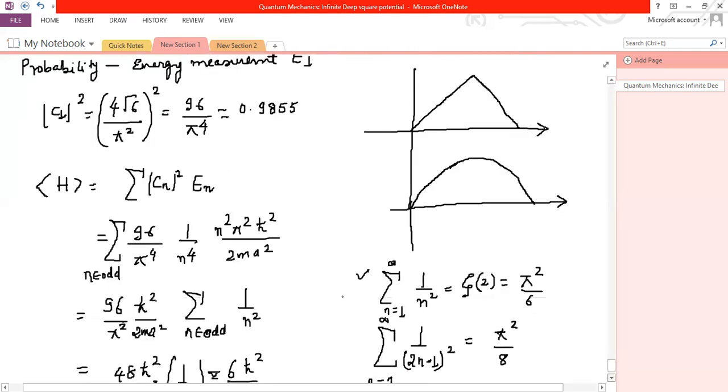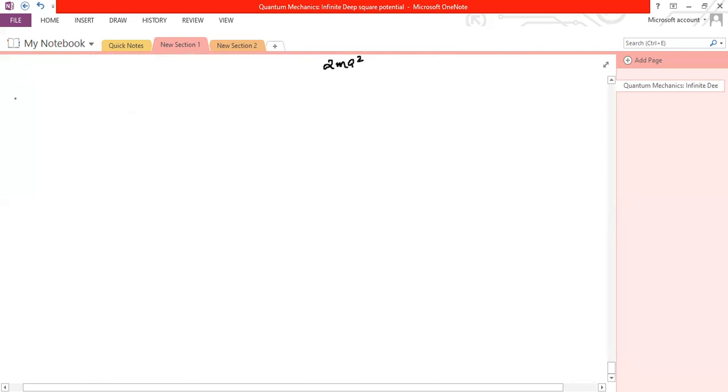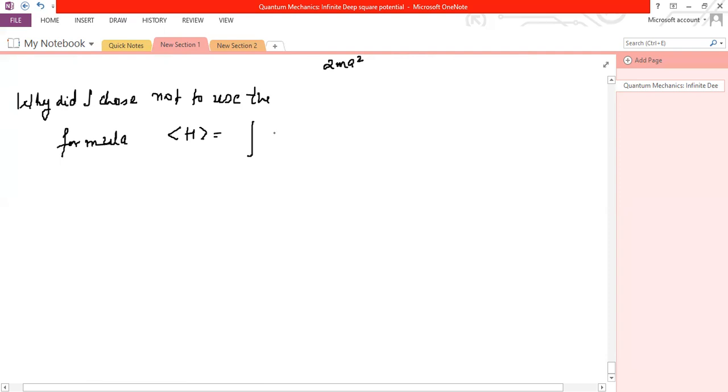Now, if somebody asks me why did I not choose to use the classical formula, the initial formula that we studied for finding the expectation value of the Hamiltonian, which is psi star h cat psi? Why did we not choose to use this particular formula? This remains a question that I'm going to address.